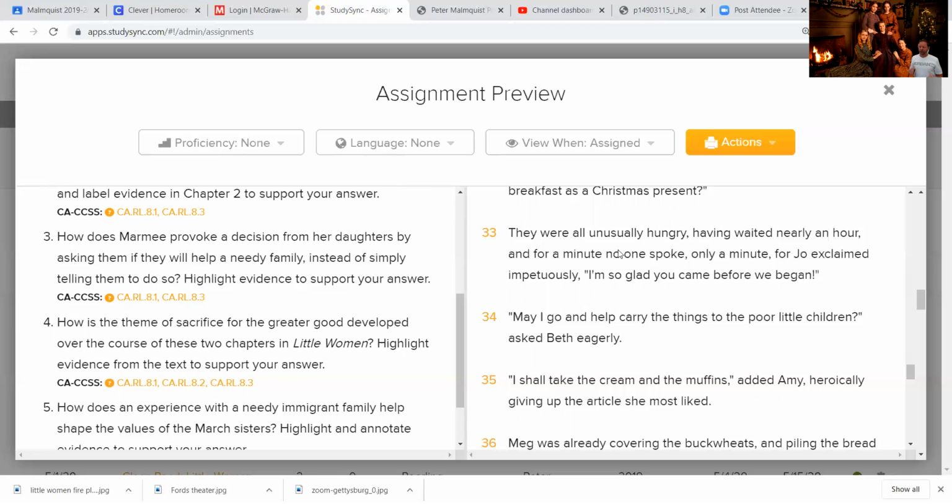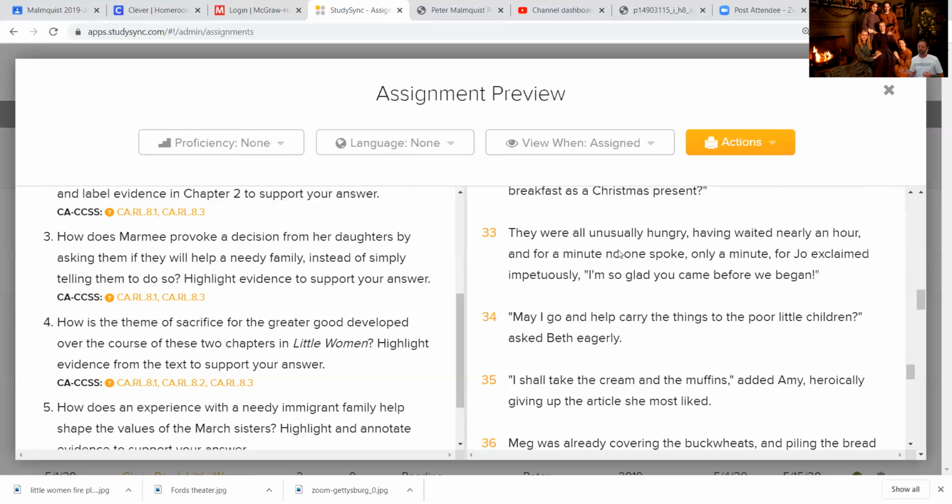Now, obviously, she's pressuring her daughters to give to them. That's what she expects of her daughters. But still, she's asking them, giving them an option to make the decision for themselves. Because if they make the decision for themselves, then they can't be angry at that decision, right? It's their own choice. But again, they didn't really have a choice, right? The mother's saying, let's do this, we're going to do this.